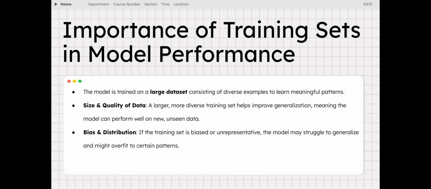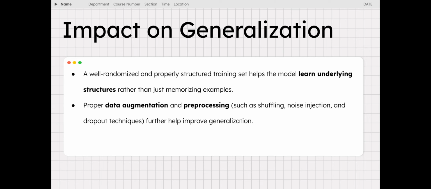Bias in distribution: if the training set is biased or unrepresentative, the model may struggle to generalize and might overfit certain patterns. The impact on generalization: a well-randomized and properly structured training set helps the model learn underlying structures rather than just memorizing examples. Proper data augmentation and pre-processing such as shuffling, noise injection, and dropout techniques further help generalization.